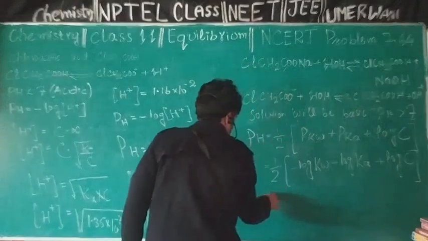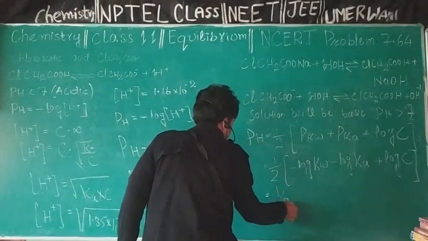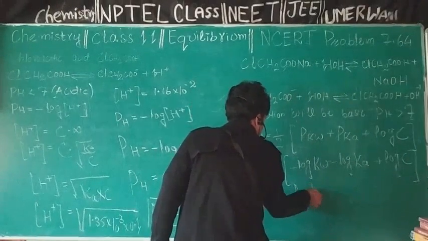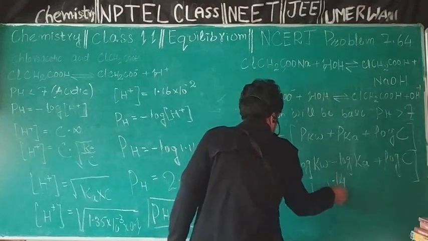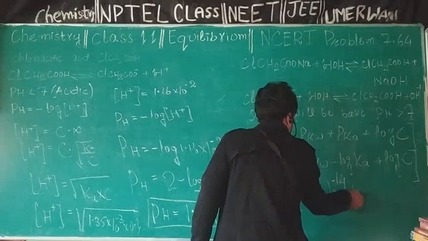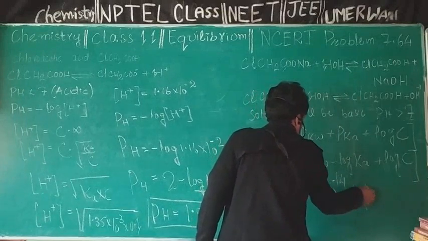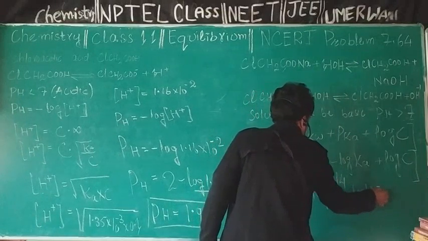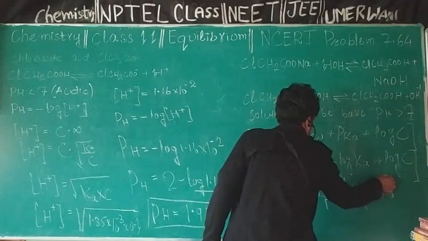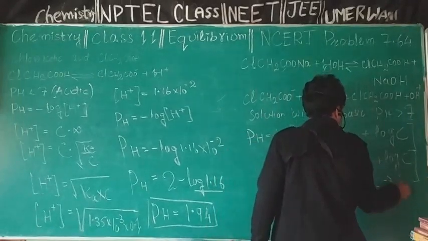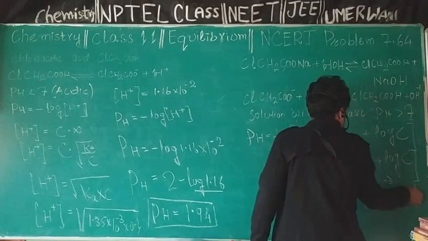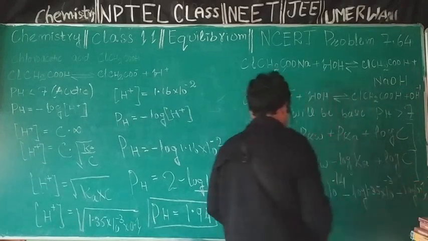So we substitute: 1/2 of minus log of 10 raised to the power minus 14, minus log of 1.35 into 10 raised to the power minus 3, plus log of 0.1.